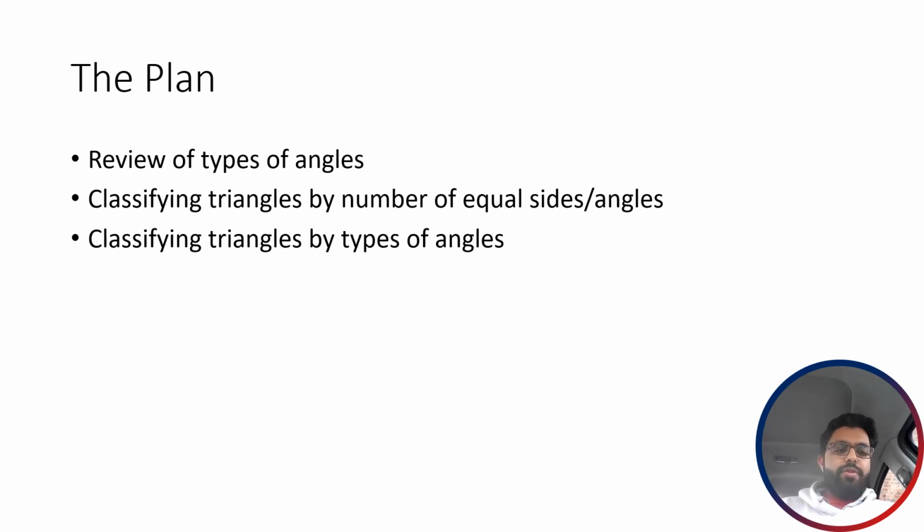So we'll talk about that first, and then we'll also talk about classifying triangles according to the types of angles that we see in the triangle. So that'll come after our review of the different types of angles, and then we'll see, there are some triangles where you see this type of angle and some triangles where you see that type of angle, and we will explore that way of classifying triangles as well.